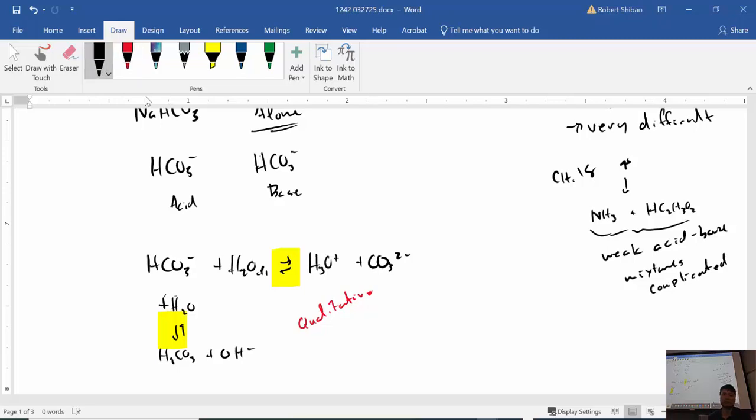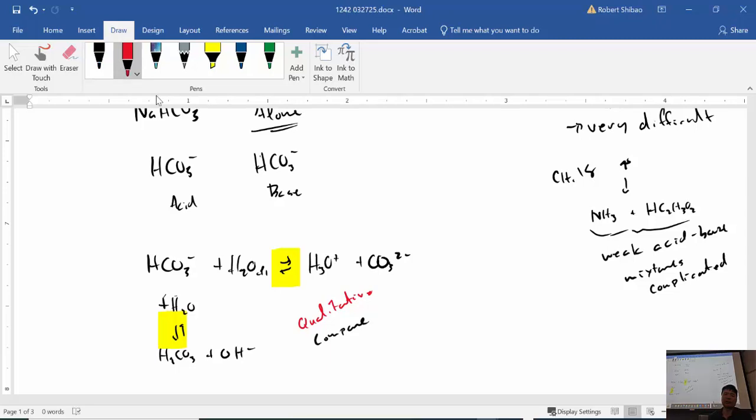Just compare. If Ka is bigger than Kb, then the pH should be lower, and this is more acidic than basic.